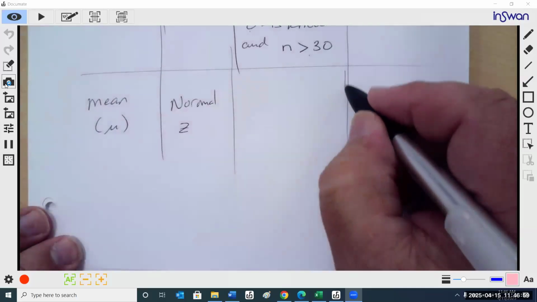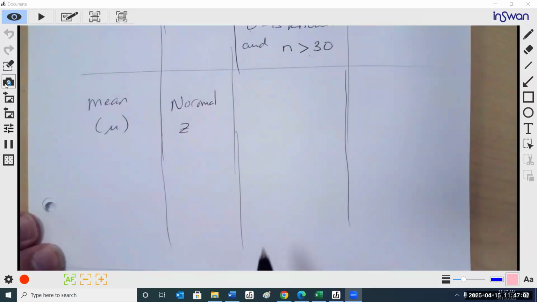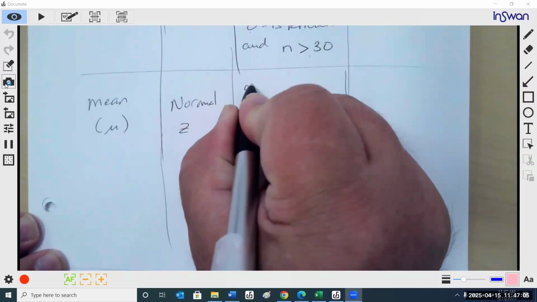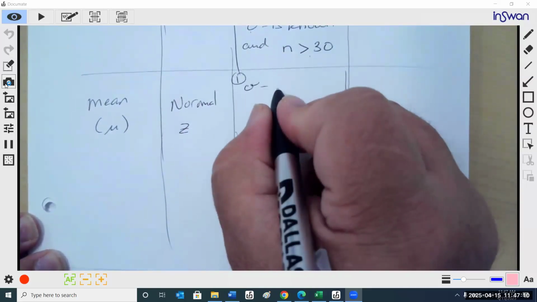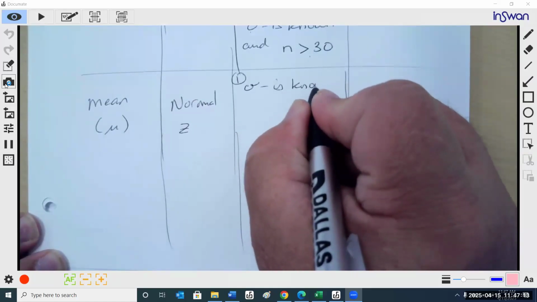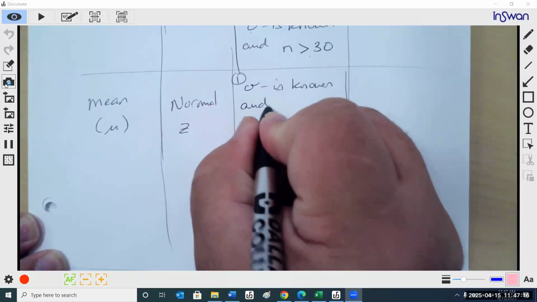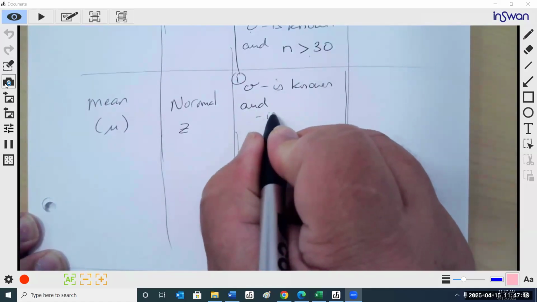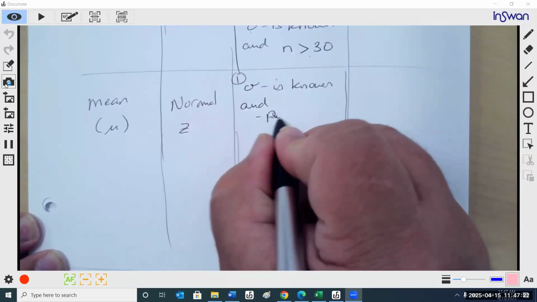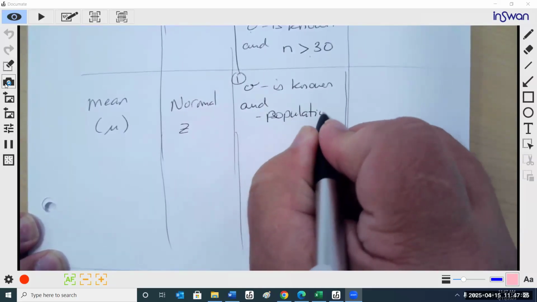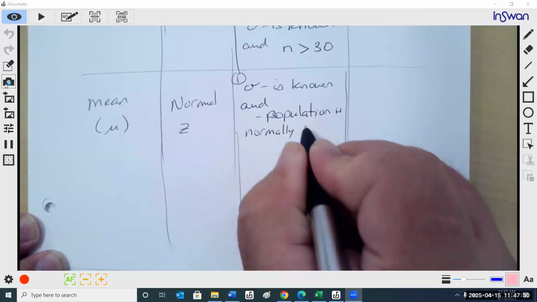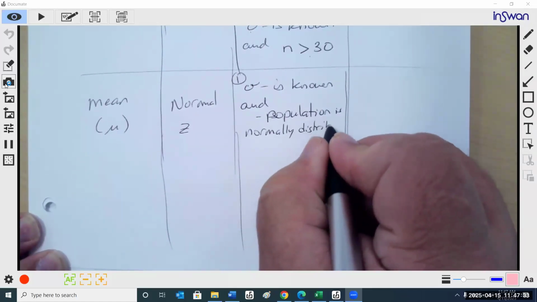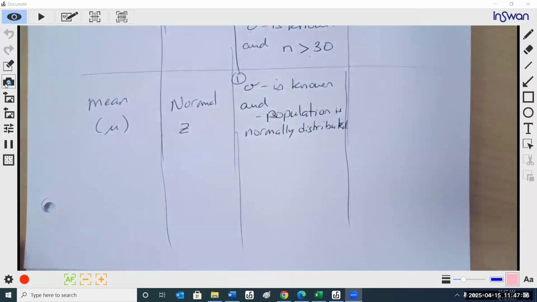The conditions for the z-test are: one, the standard deviation of the population is known, and the population is normally distributed. What that also means, normally distributed, is there aren't any outliers.